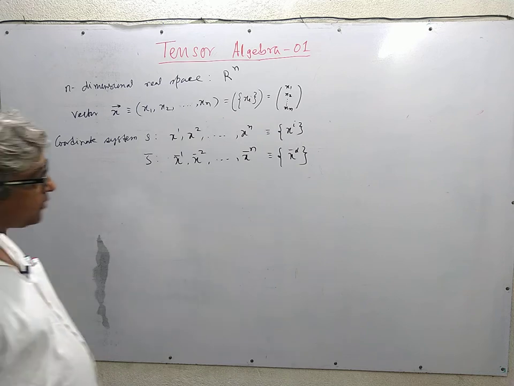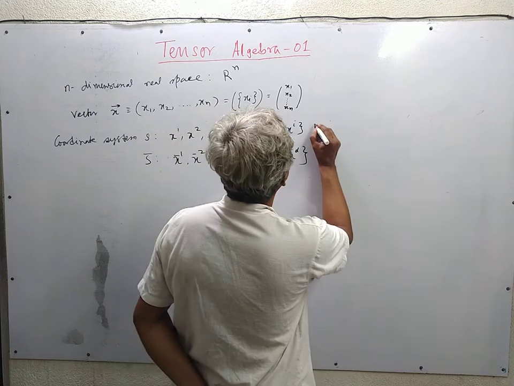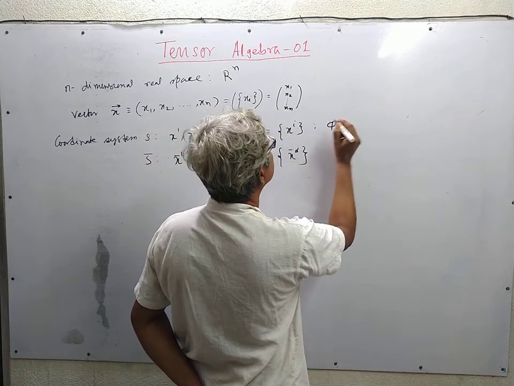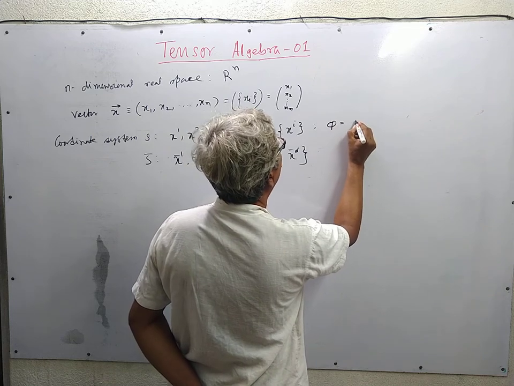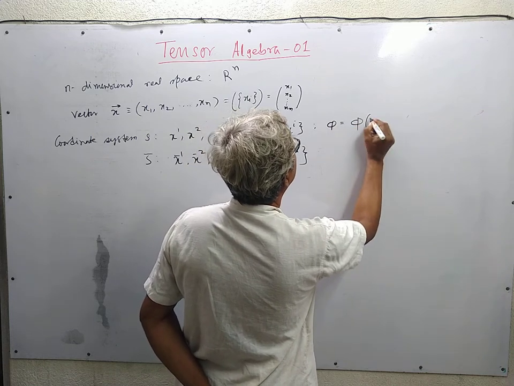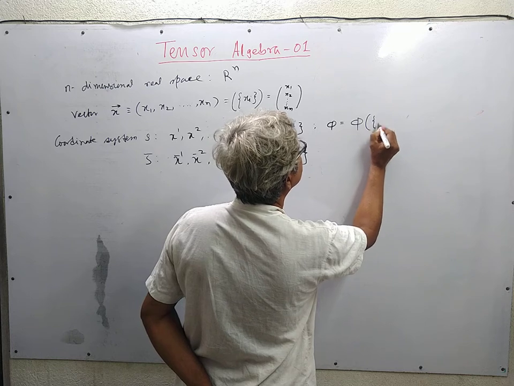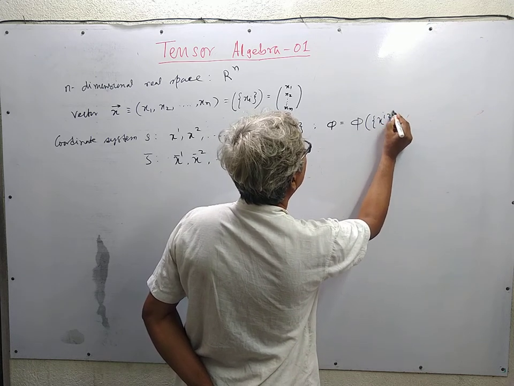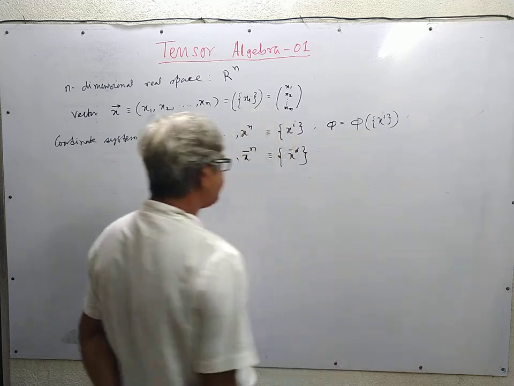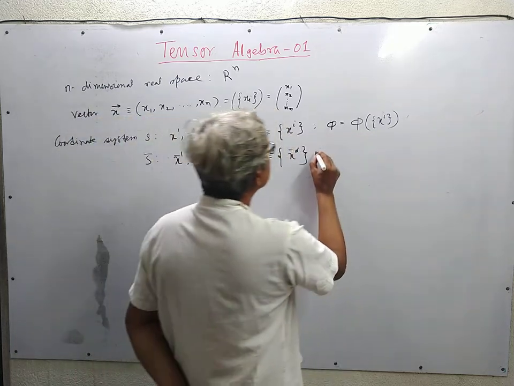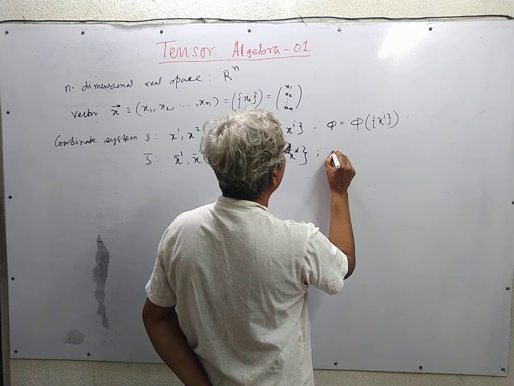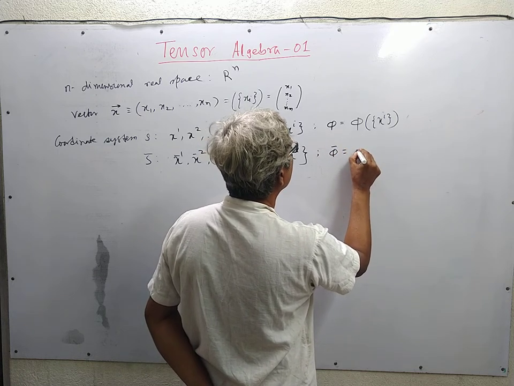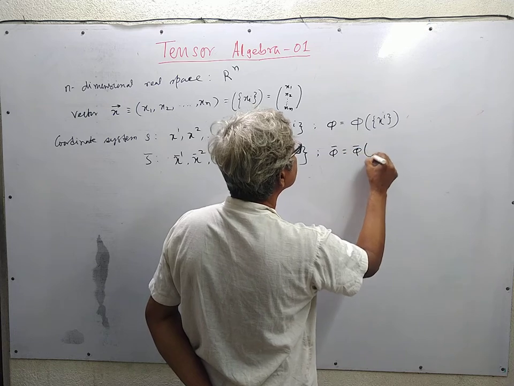We have a function phi, which is defined in S, a function of all these variables. And we have another one, the same function when expressed in the bar system, like this.